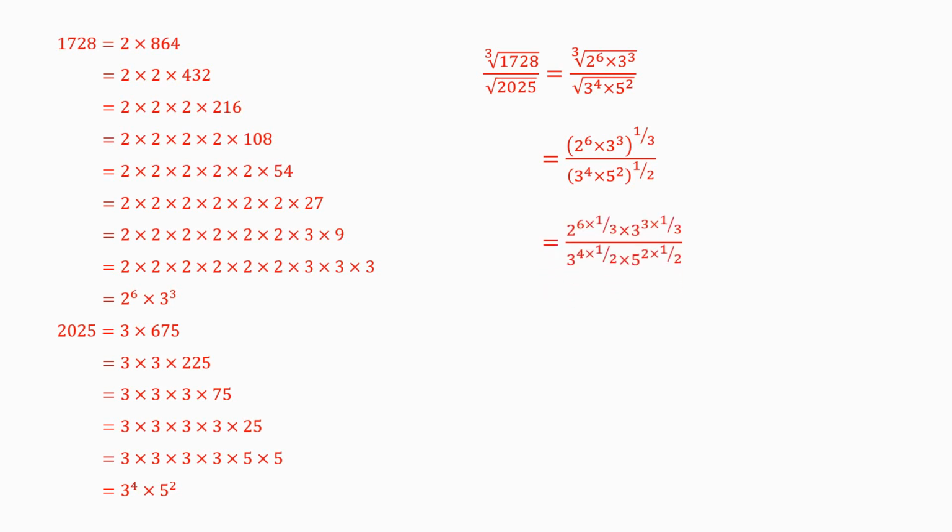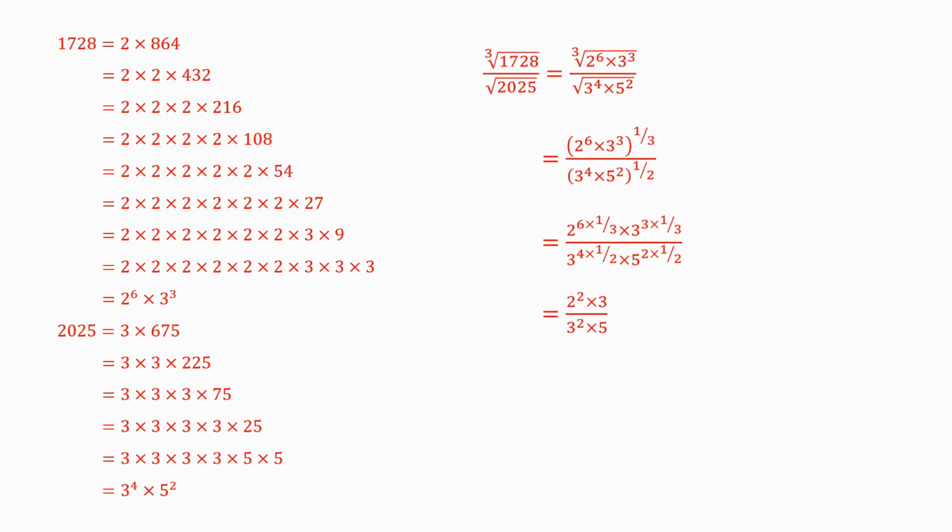Then we open the brackets by multiplying the indices. We have 2 to the power of 6 times 1 over 3 times 3 to the power of 3 times a third over 3 to the power of 4 times a half times 5 to the power of 2 times 1 over 2. Once we simplify that, we are left with 2 squared times 3 over 3 squared times 5.